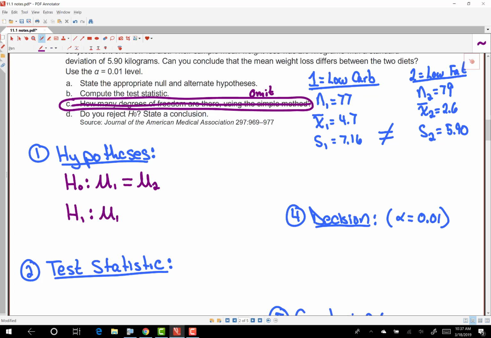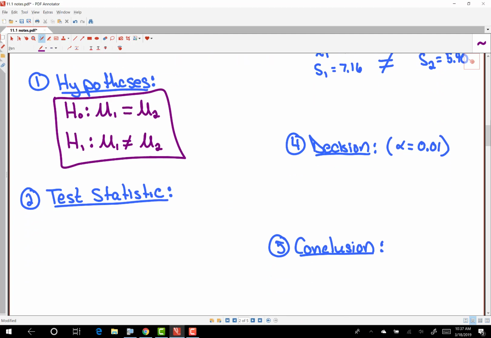So it's going to be mu1 is not equal to mu2. So those are our hypotheses. And so now we're going to get the test statistic. And because we're comparing two means, that's when we know to use test number 4.